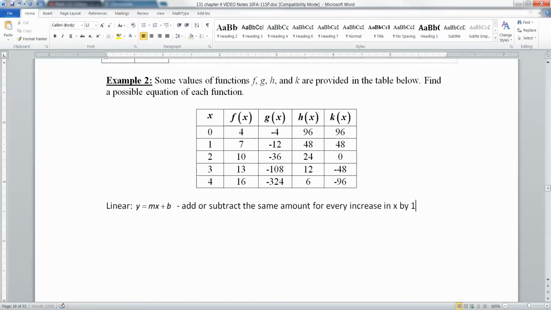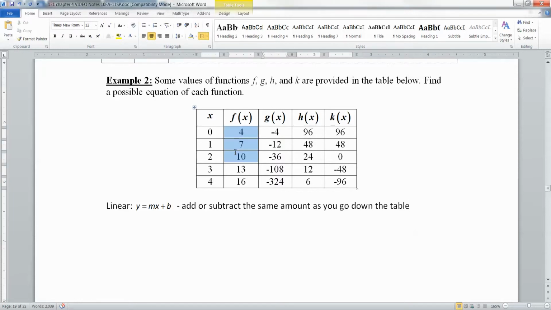How about this way: add or subtract the same amount as you go down the table. So as you work your way down the table, if you're adding on the same amount every time, that's linear. Like, for example, this first one, that's totally linear.